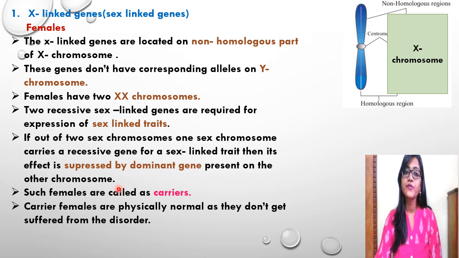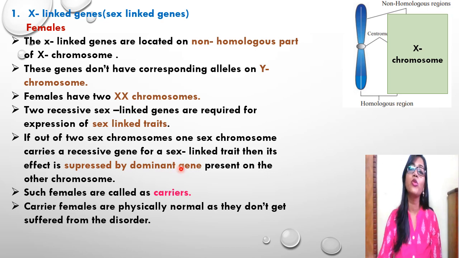Such females are called carriers. These females will not suffer from the abnormality, but they will carry that gene. They carry the abnormal genes situated on the non-homologous part of their X chromosome, but it is not getting expressed. They act just as carriers, carrying forward the inherited genes.